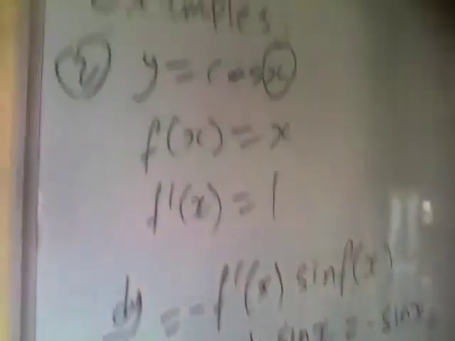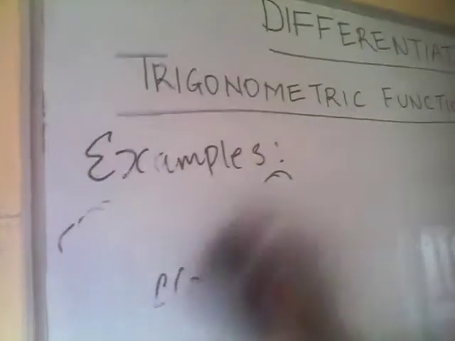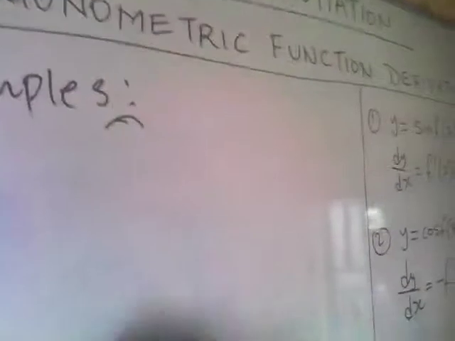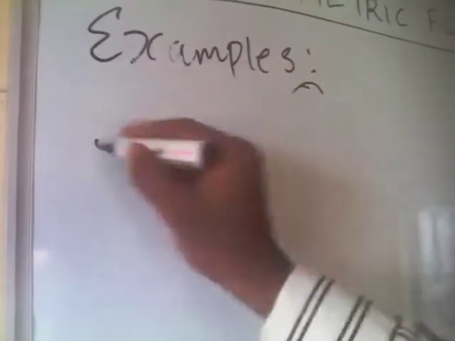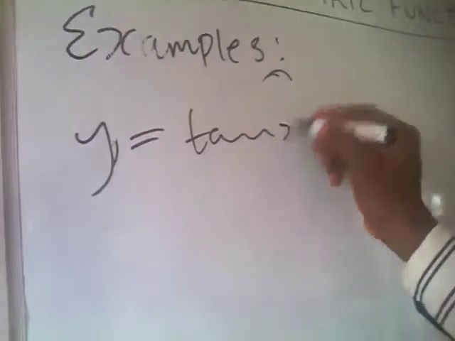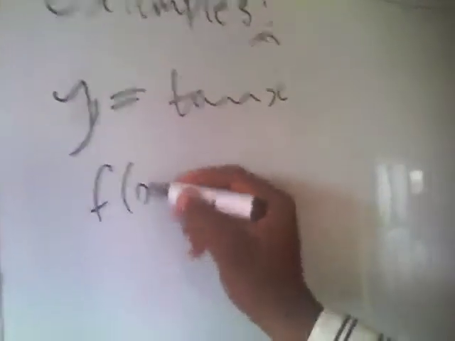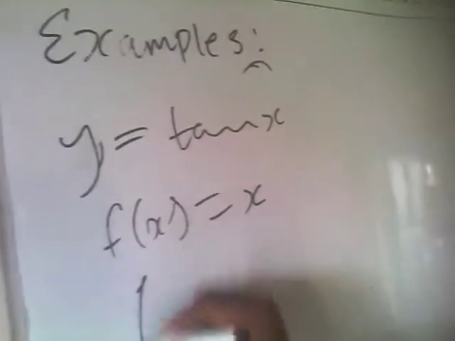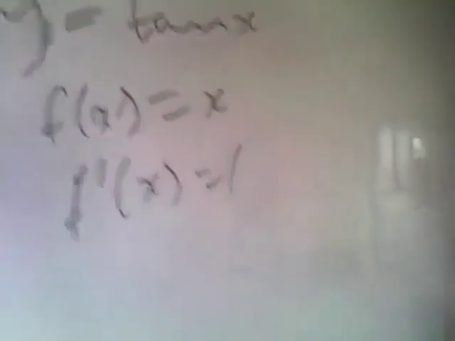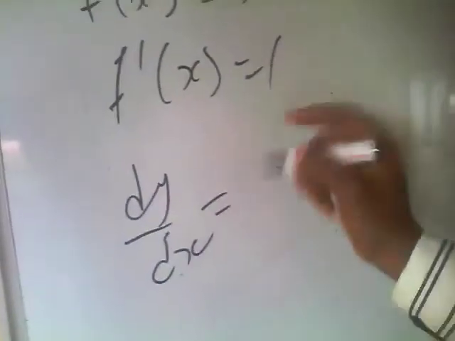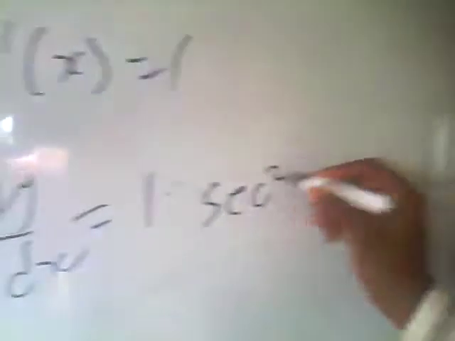Now we can move further to the third example, which has to do with the tan function. If y is equal to tan x, we know that our function of x in this case is x, so f prime of x is going to be 1 as well. Putting that into the formula for tan x, dy/dx will be f prime of x, which is 1, times sec squared f of x, so sec squared x.